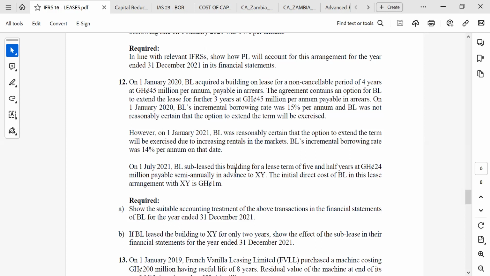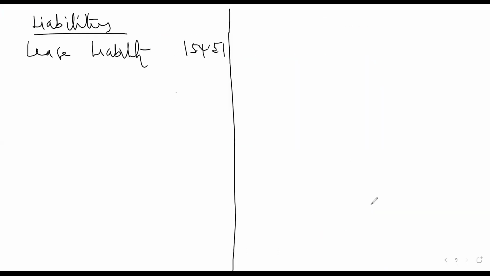If it is for 2 years, which type of lease is this one? Operating lease. This will be an operating lease. So the right of use will still be there. We'll still be using the right of use.